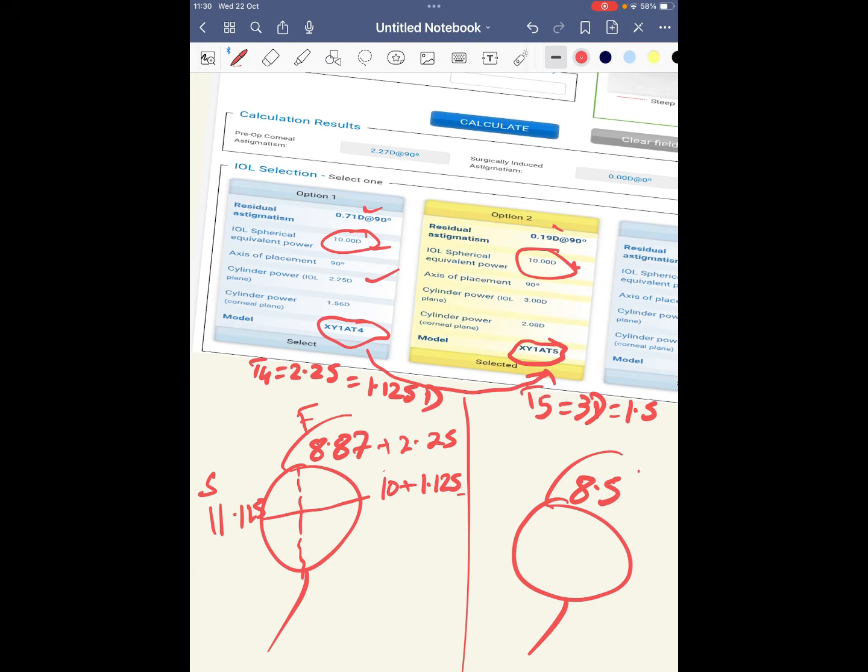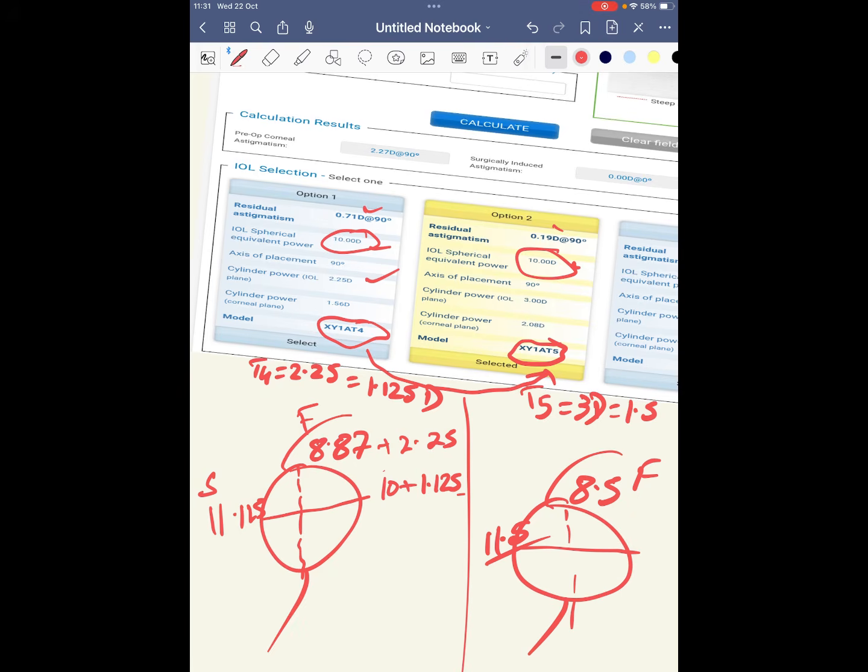So the flat meridian will have a power of 8.5 diopters, and 90 degrees away from there, the power in the steep meridian will be again 8.5 plus 3 diopters, or you can also do 10 diopters plus half of the cylinder value, which is 1.5 diopters. Either way, it would be the same, 11.50. So this is how it compares.